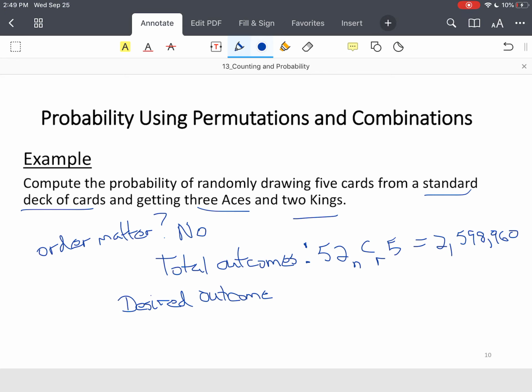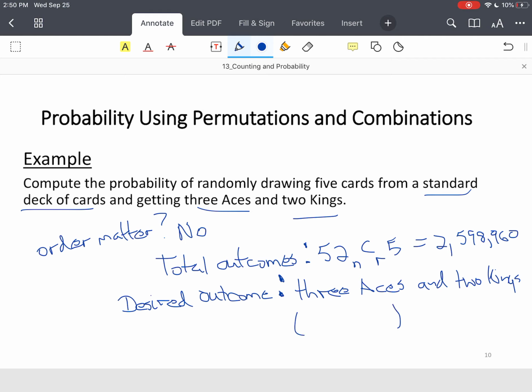You want 3 aces and 2 kings, and those are 2 distinct categories.